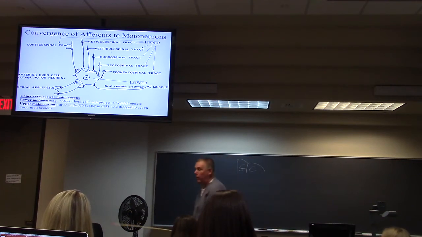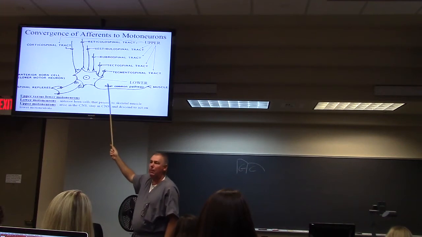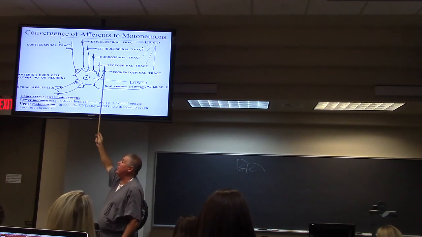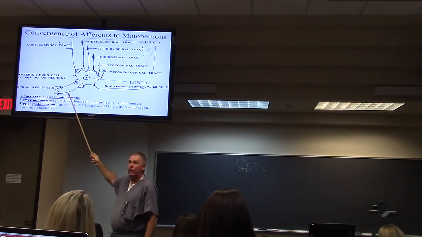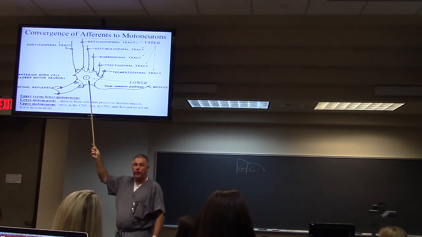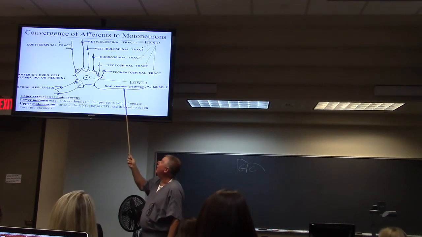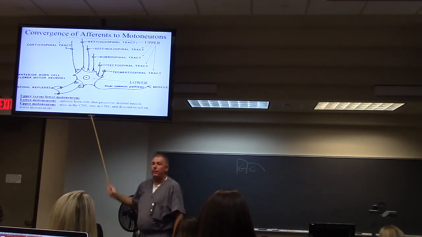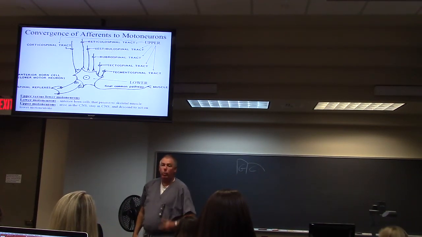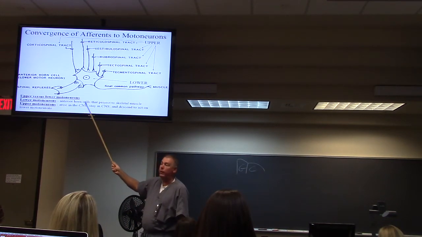Now, you call this neuron, the alpha motor neuron, the final common pathway, because it is. All of this above input is meaningless without the alpha motor neuron. It's the final common pathway. If you lesion this, if you cut that axon, if you lesion the neuron, then that's called a lower motor neuron lesion. In order to do that, you have to lesion the ventral horn or the nerve itself.